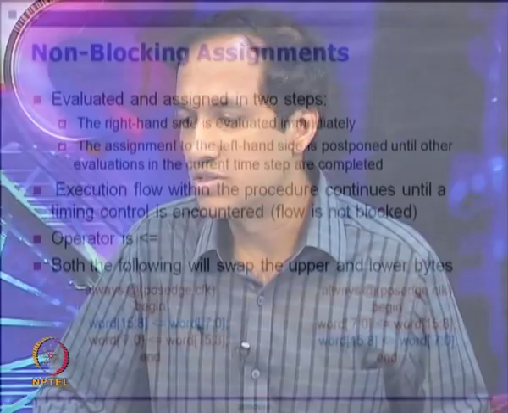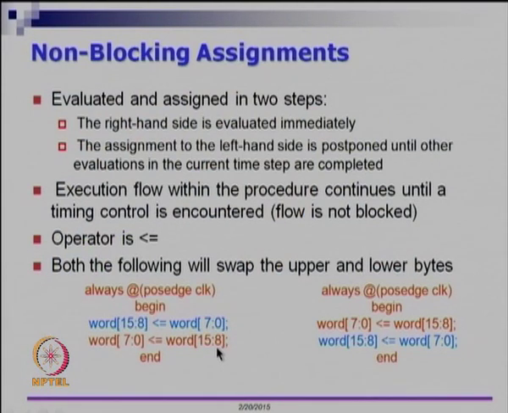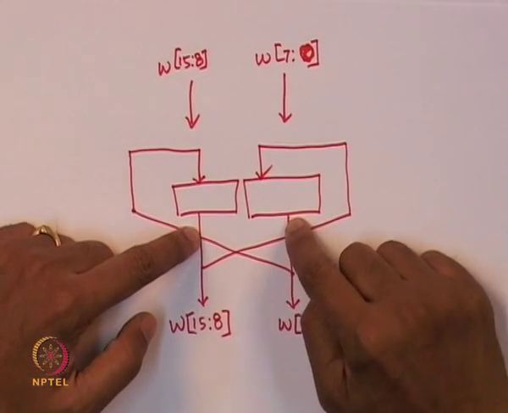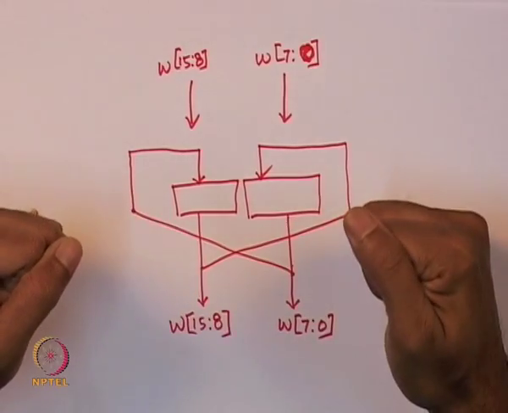What we have is the values that are there in 7 colon 0 and 15 colon 8. We remembered those values and then we assign them to the left side. In the picture that I did, it is the outputs of the flip flops. The outputs of these flip flops or registers are the ones that I am remembering.